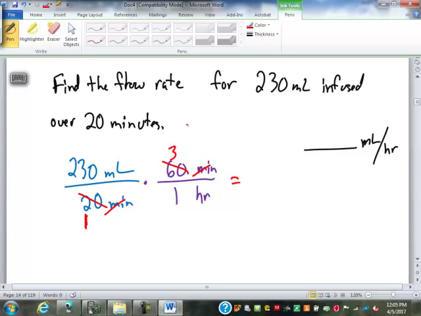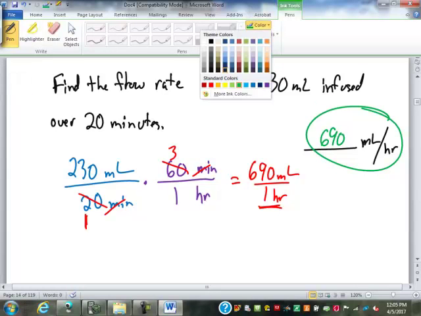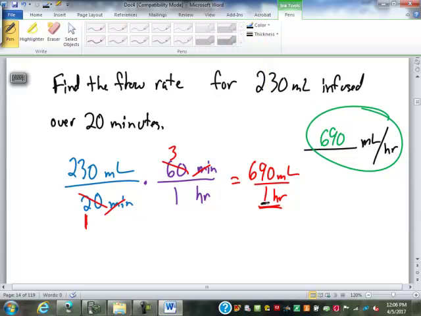So 230 milliliters times 3 is 690 milliliters. 1 times 1 hour is 1 hour. And that's what we want. We want the denominator to be 1 hour. So that is 690 milliliters per hour. If this wasn't 1, we would just divide out by whatever that number was.